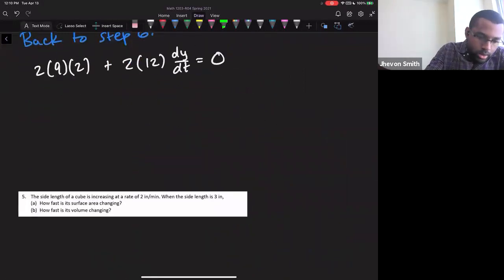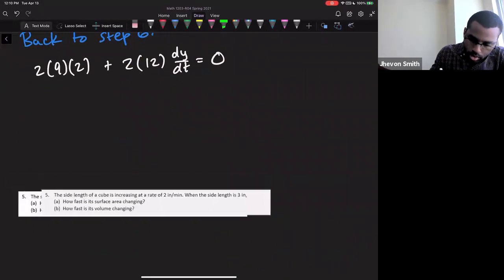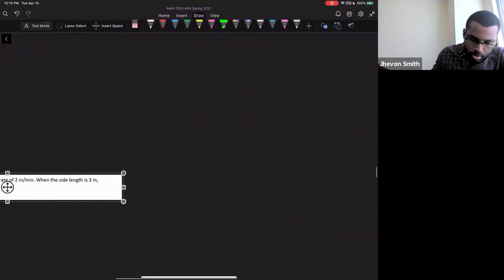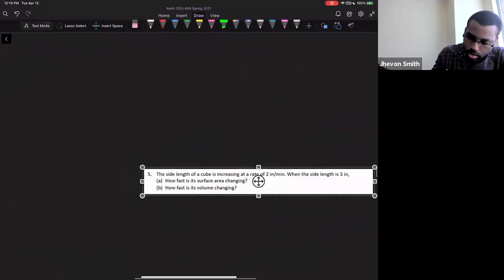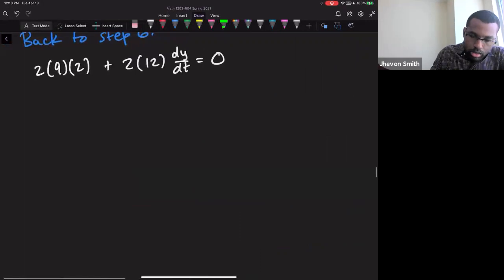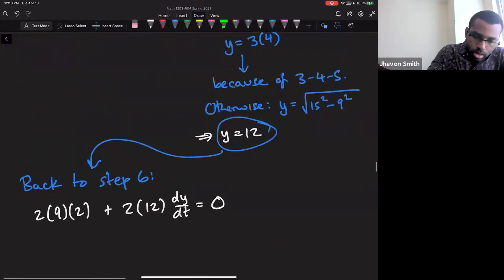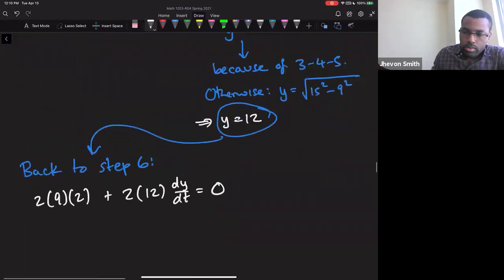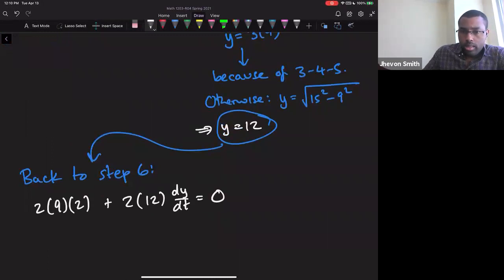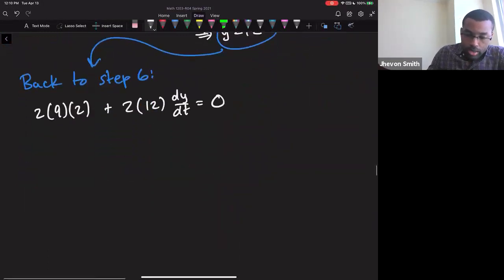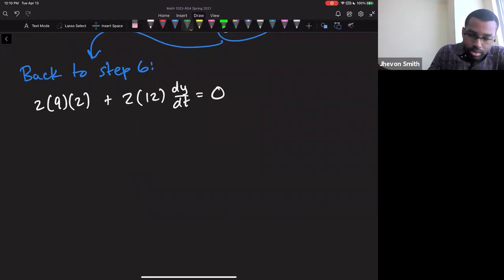So we have that guy. Let's move this guy out of the way. Okay, so we have this. And now we want to solve for this guy, the green. He's now the only unknown.